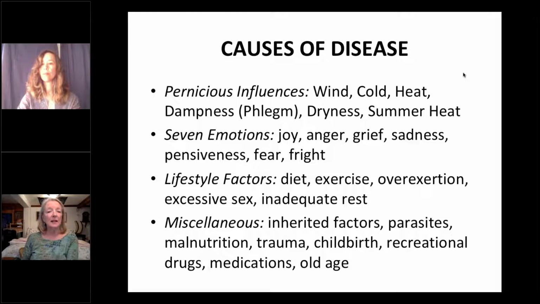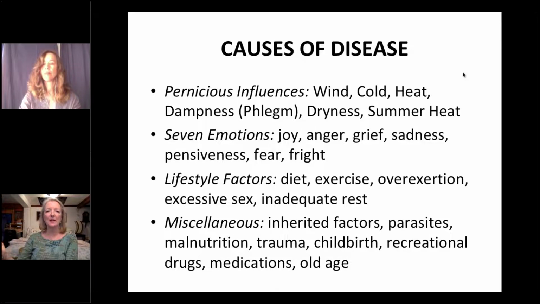sneezing, itching, itchy skin. You can get cold and flu, sinus infections. Wind can block things in the nose, stuffy nose. Wind can also be inside the body and arise internally, but we'll talk about that a little later.